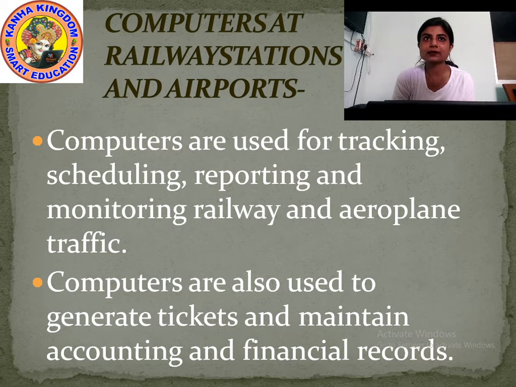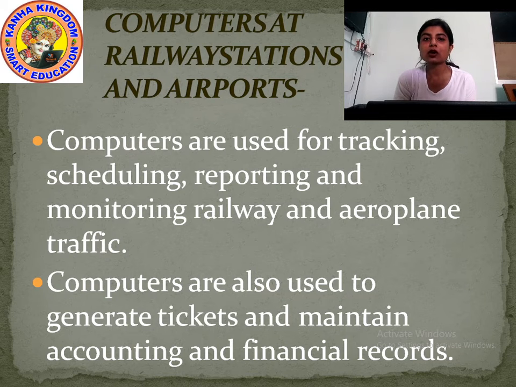With the help of this computer, we can track, we can search about the information of the trains and aeroplanes, then scheduling, reporting at what time the train will arrive or at what time the aeroplane will arrive. We can search with the help of a computer.